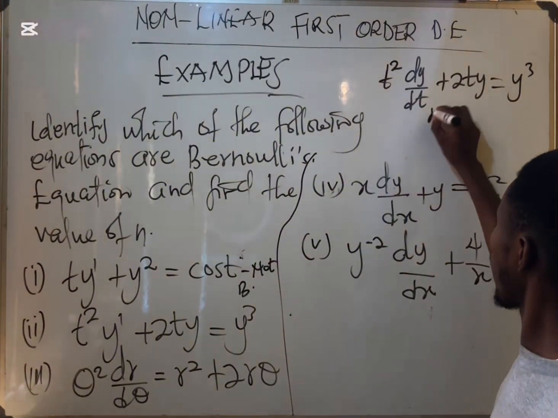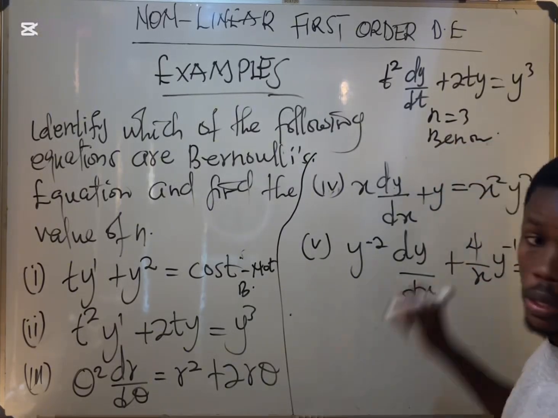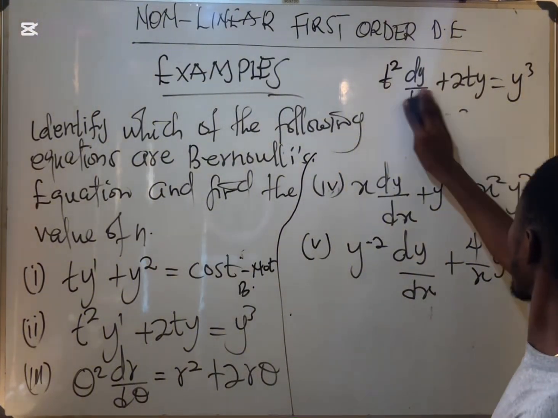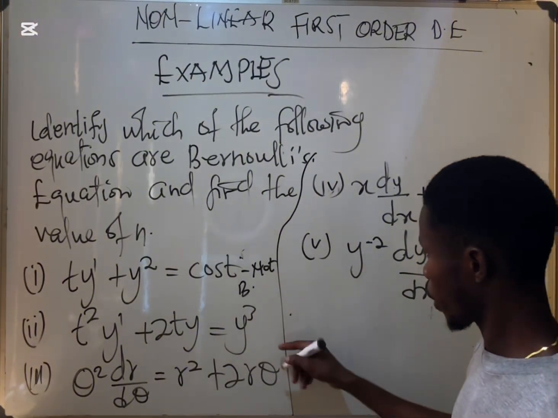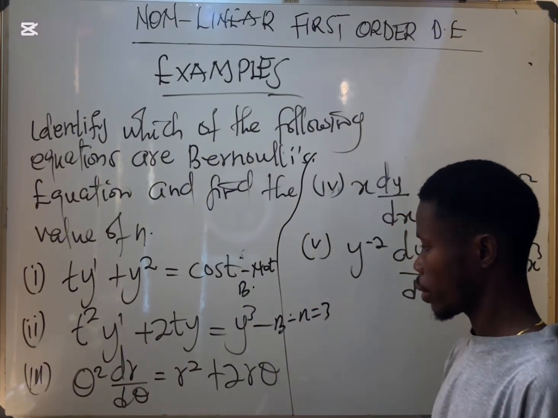So here our n is equal to 3. Is that okay? Good. So this one is Bernoulli, n is equal to 3.